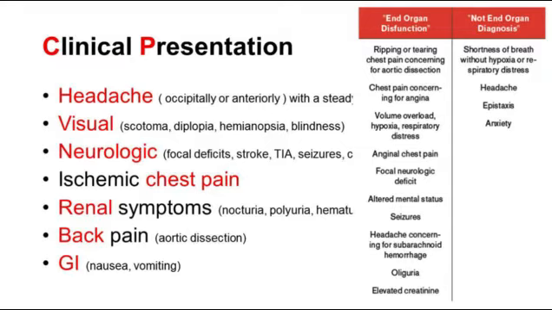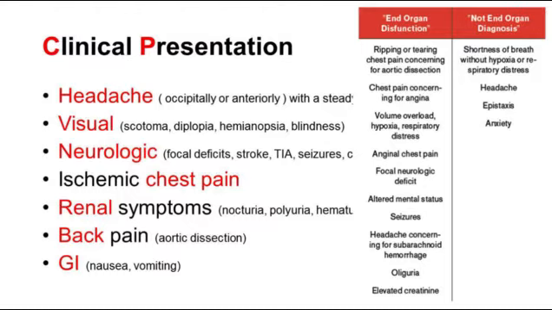So clinical presentation of the patient usually depend on the cause. They may present with headache, visual disturbance, neurological manifestation like focal deficit, seizure, confusion, chest pain, renal symptoms like hematuria or oliguria, back pain in case of aortic dissection, GI manifestation in case of high ICP.